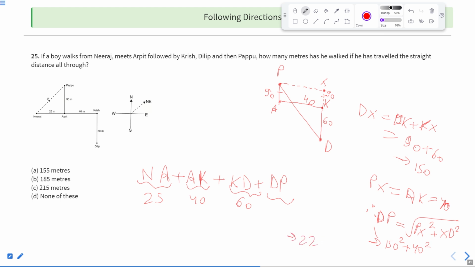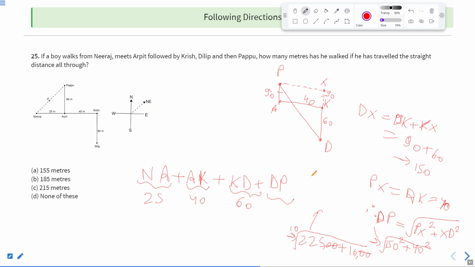which is equal to 150 square plus 40 square, which is nothing but 22500 plus 1600, square root. Two zeros is nothing but 10 outside, the square root of 100 is 10.